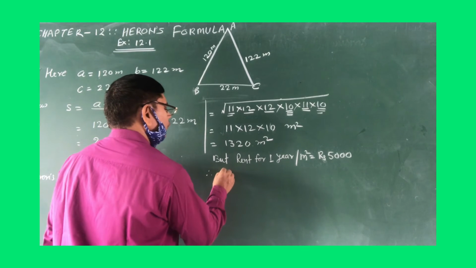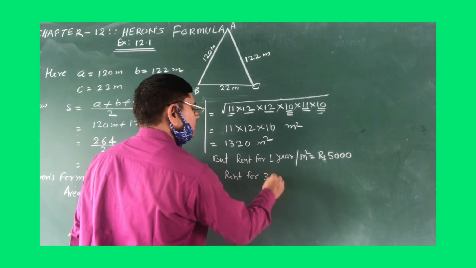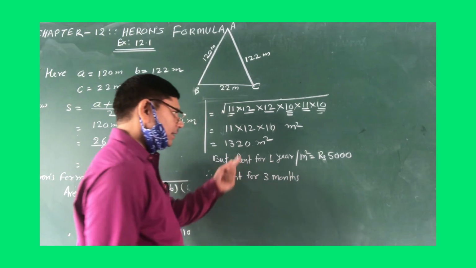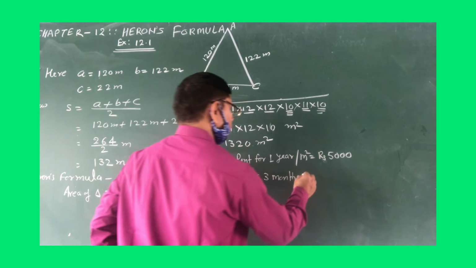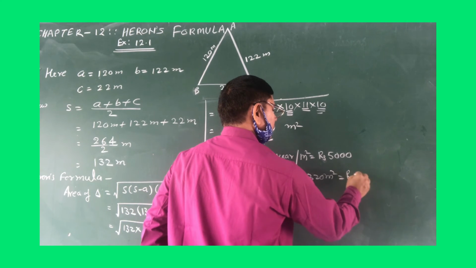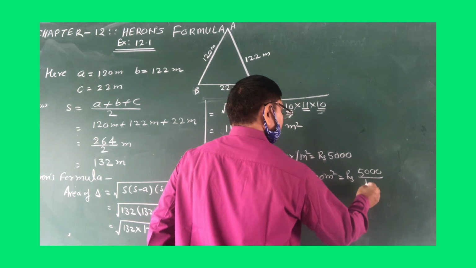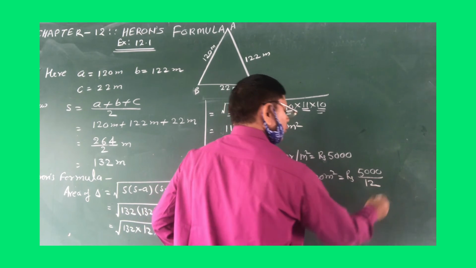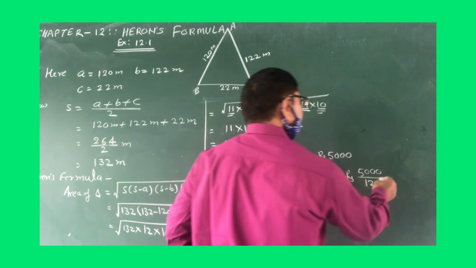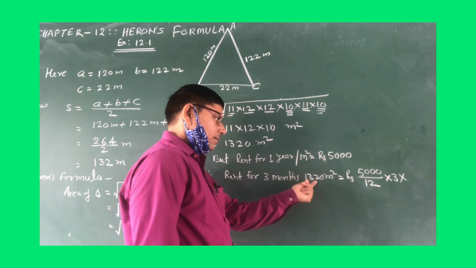For rent for 3 months and how many? 1320 meters square equal to this is rupees 5,000 divided by 12. 12 से क्यों डिवाइड किया? Because 1 year equals 12 months, and into 3, and area of that is 1320 only.